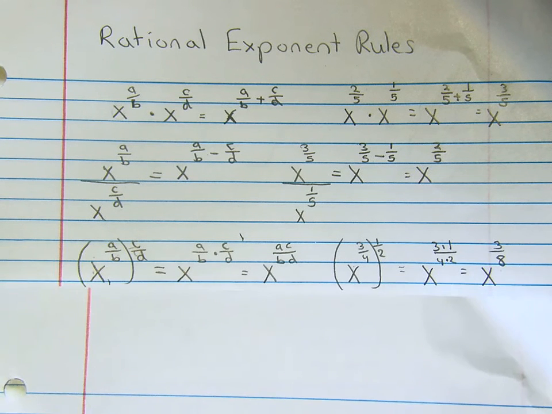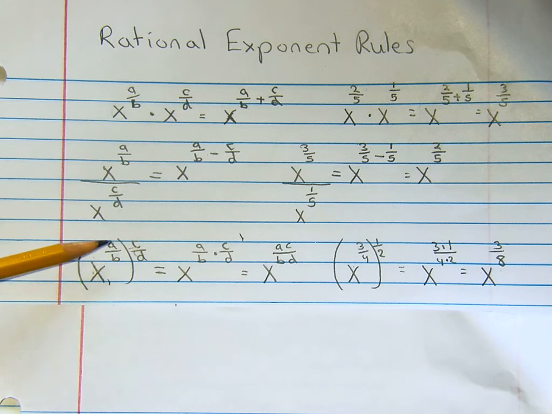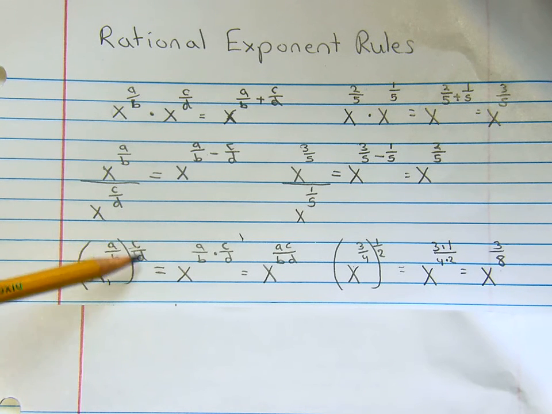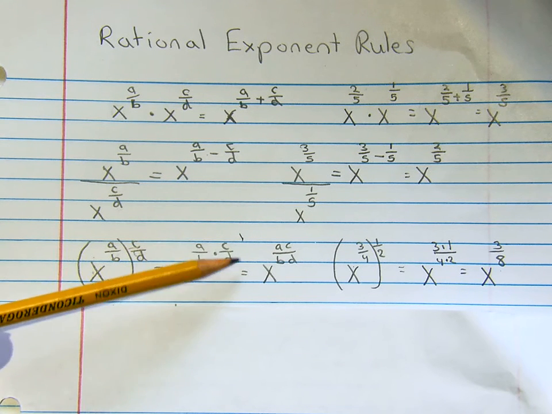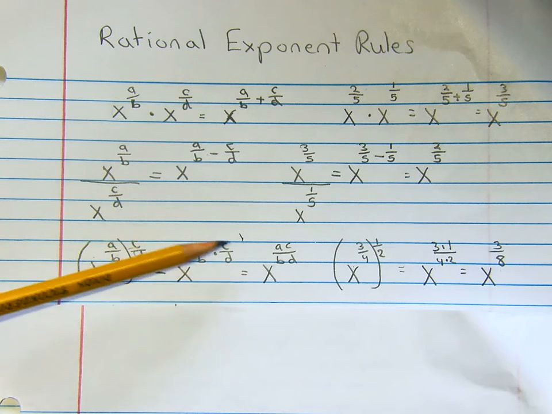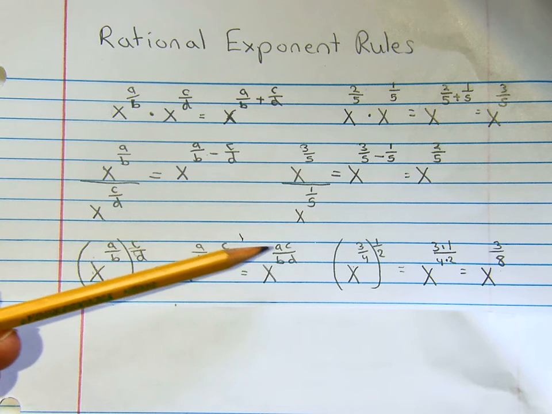All right, so let's look at our next rule. What if I have an exponent with a rational exponent that is being raised to the power of another rational exponent? Well, whenever a power is raised to a power, you multiply the powers together. So that rule still applies even though they are fractions. And what do you do when you are multiplying fractions? You simply multiply the numerators across and multiply the denominators across.